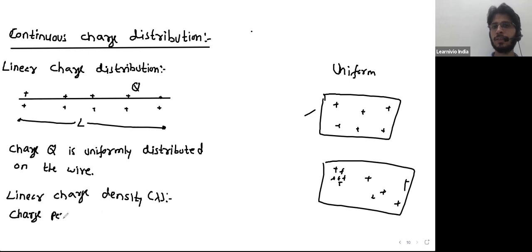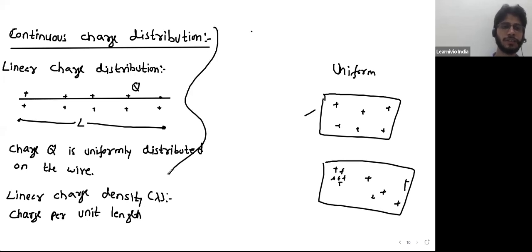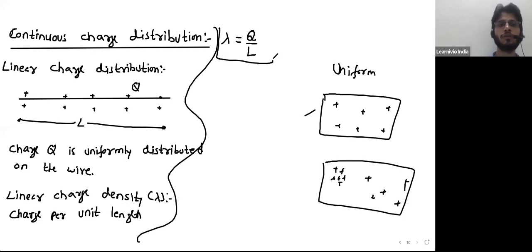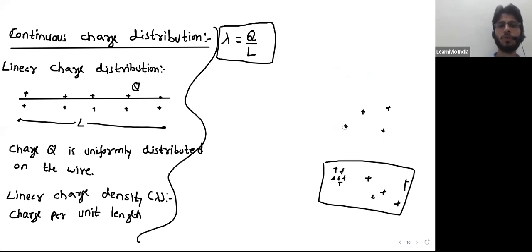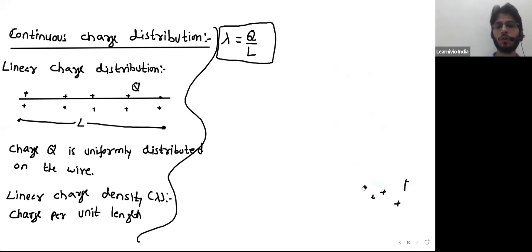We write this as the ratio of total charge and total length of the wire.